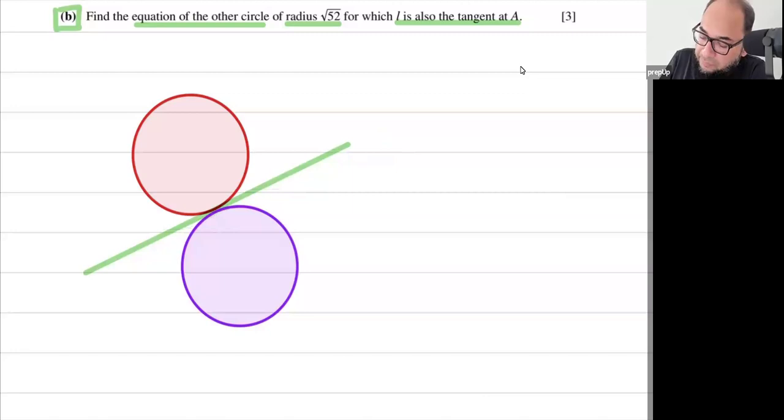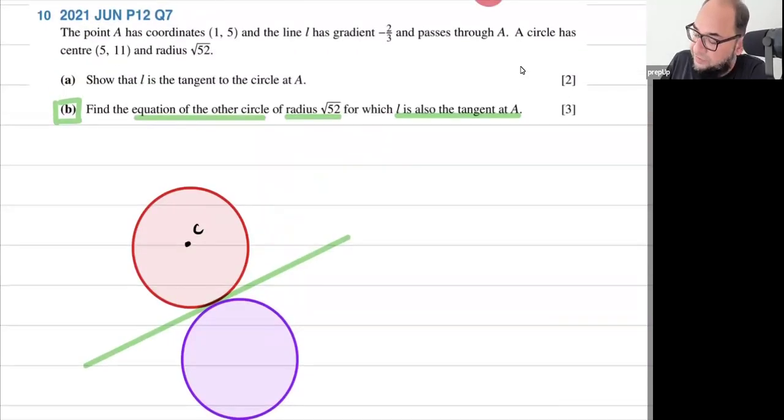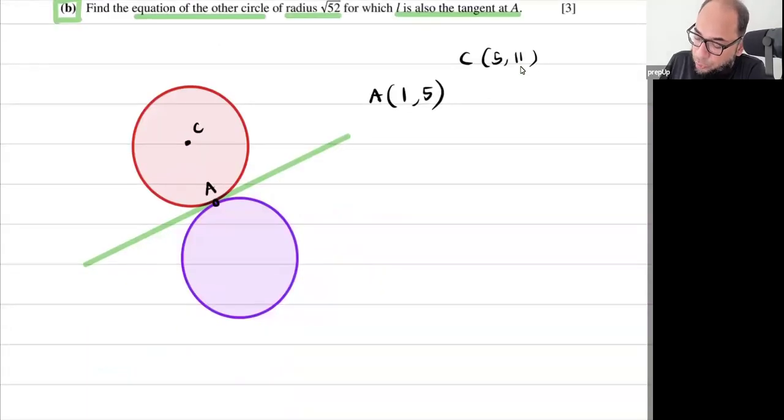Now this is point C, that is the center. The coordinate of C is 5, 11. Somewhere here is A, where the circles are meeting. What is A? A is 1, 5. And let me label this point as Q. The coordinate of Q is unknown.